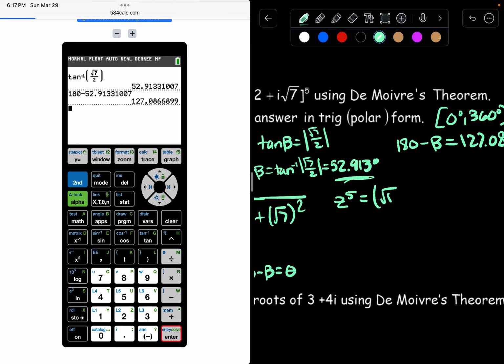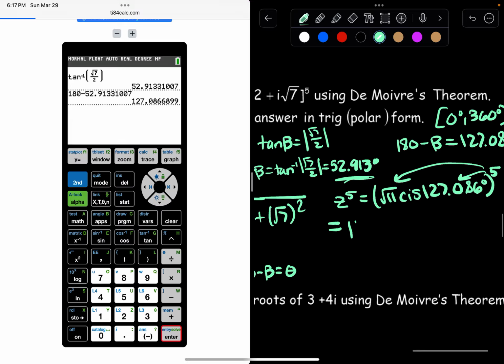So I'll write it as root 11 CIS 127.086 degrees, and we're raising this to the 5th. There we go. That way we can see that we are applying it to the radius and to the theta. So I'll have 11 raised to the 5/2, and then CIS, we will multiply this angle with 5.